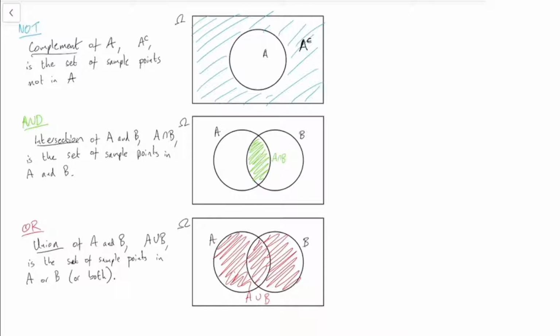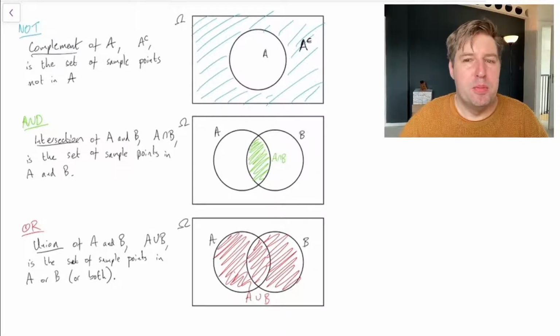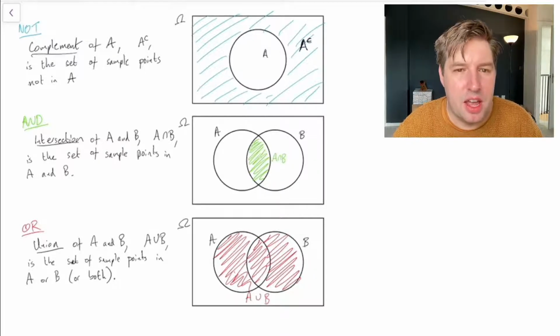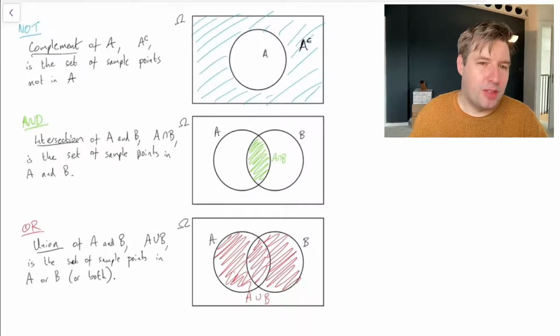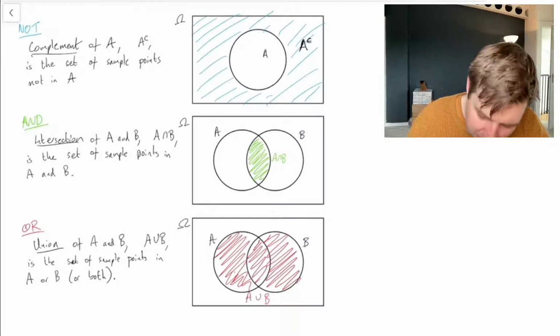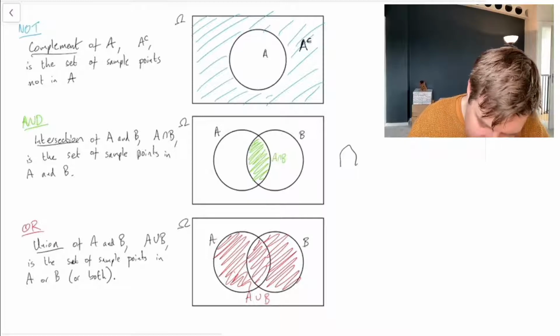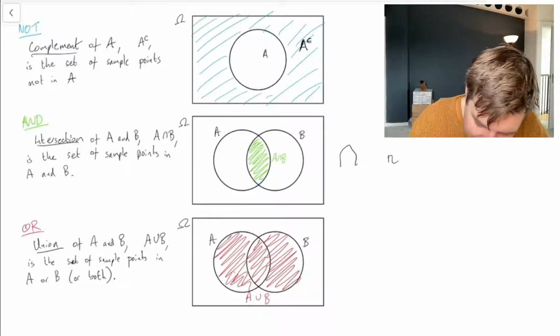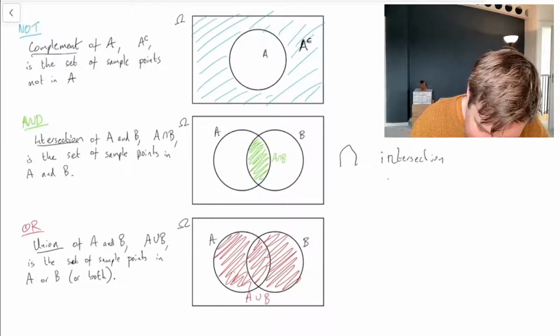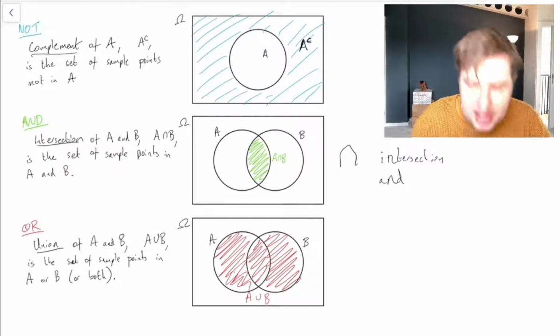So I am not ashamed to say that I learned about unions and intersections more than half of my life ago, and yet I still remember which way round the symbols are, because the one for intersection looks a little bit like a lowercase n, which is a letter in intersection, and is also a letter in and.